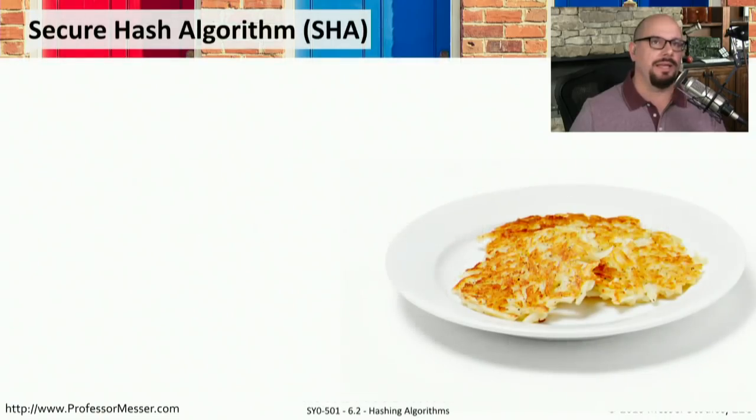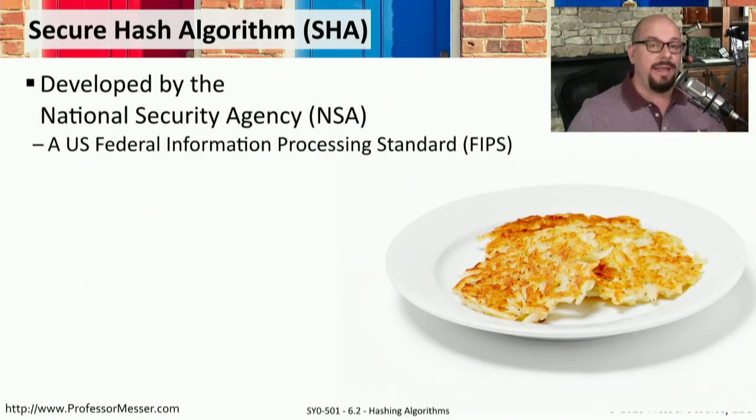A hash is a very, very common way to get a unique set of characters that can only match that original thing that you were hashing, that original file, that original email, that original object that you were trying to match. And a very common hash to use is the secure hash algorithm, SHA.